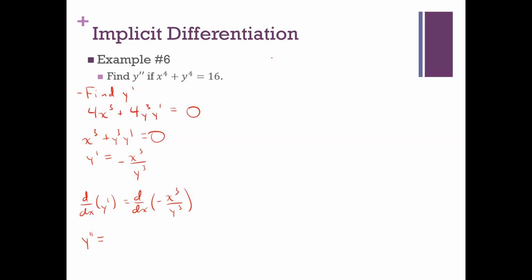So let's split that up. I've got u equals negative x cubed, v equals y cubed, which means du dx is equal to negative 3x squared, and dv dx is equal to 3y squared y prime.